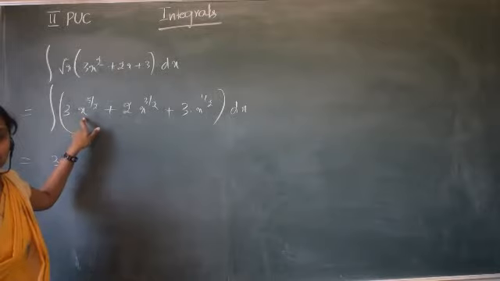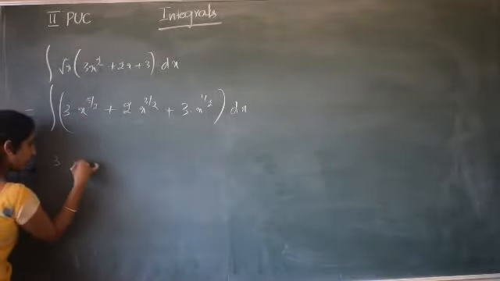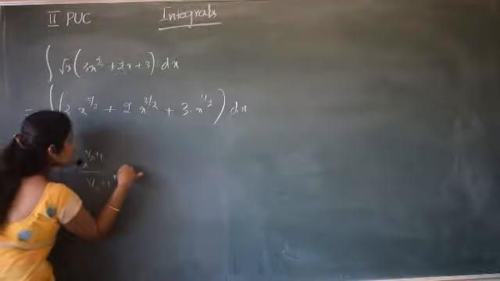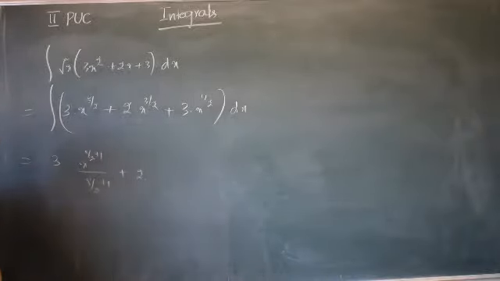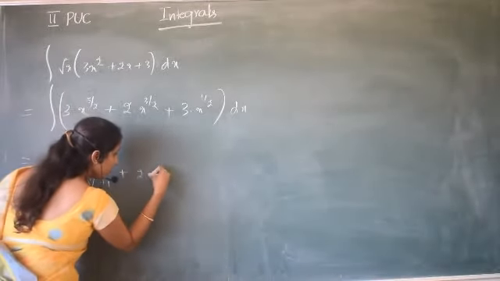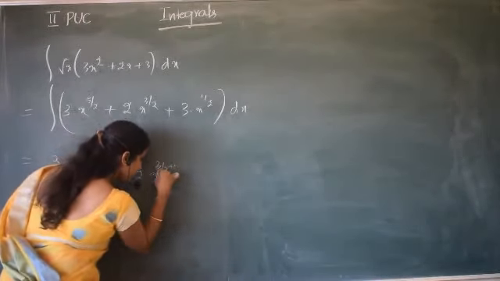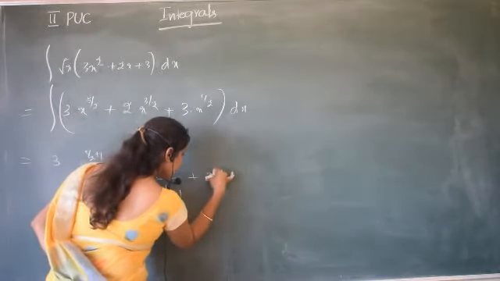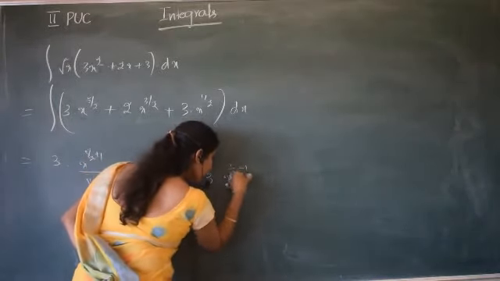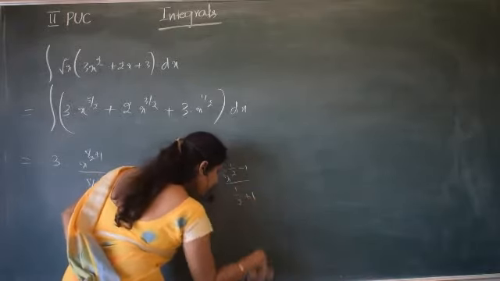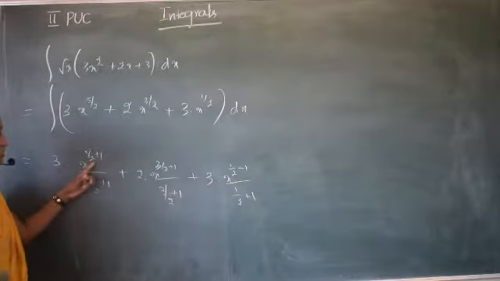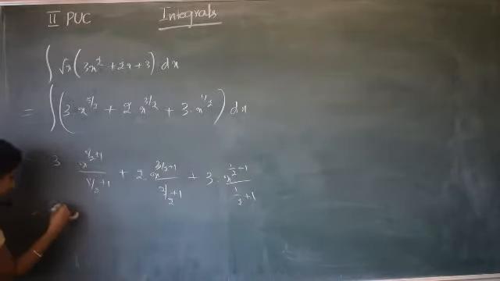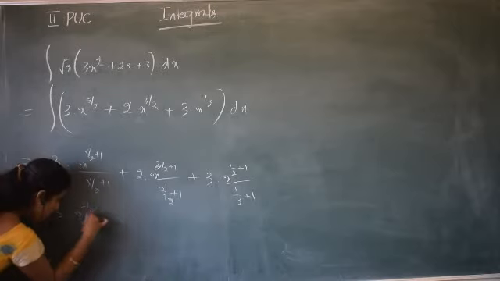Integral is x to the power 5 by 2 plus 1 divided by 5 by 2 plus 1, plus 2 into x to the power 3 by 2 plus 1 divided by 3 by 2 plus 1, plus 3 into x to the power 1 by 2 plus 1 divided by 1 by 2 plus 1. So 5 by 2 plus 1 means 7 by 2.